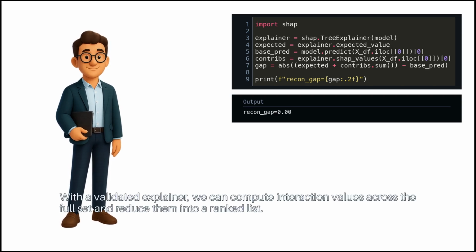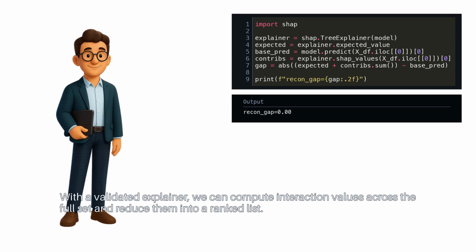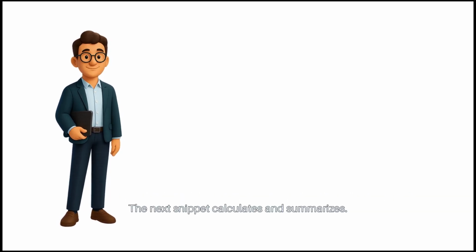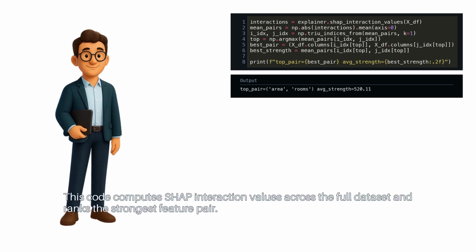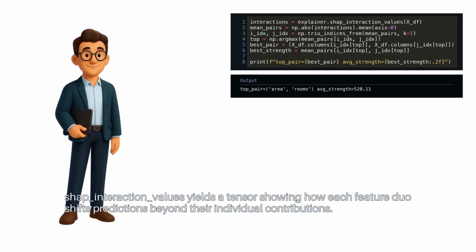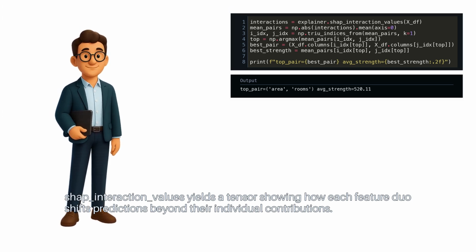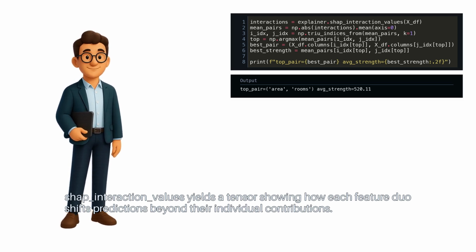With a validated explainer, we can compute interaction values across the full set and reduce them into a ranked list. The next snippet calculates and summarizes. This code computes SHAP interaction values across the full dataset and ranks the strongest feature pair. SHAP interaction values yields a tensor showing how each feature duo shifts predictions beyond their individual contributions.